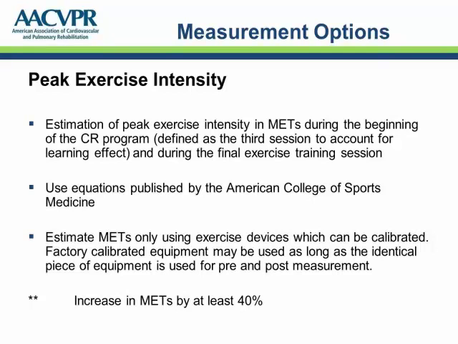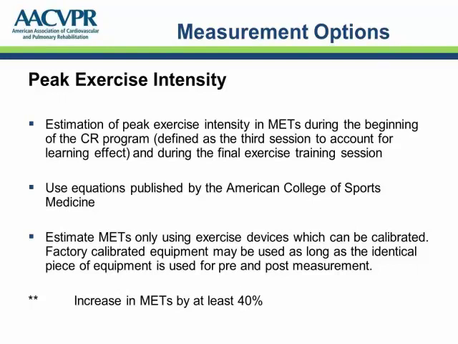The MET level should only be used from equipment that can be accurately calibrated using ACSM calibrations. Factory calibrated equipment may be used. It is understood that most programs do not manually calibrate their equipment. But keeping that in mind, the treadmill would probably be the preferred modality of equipment.